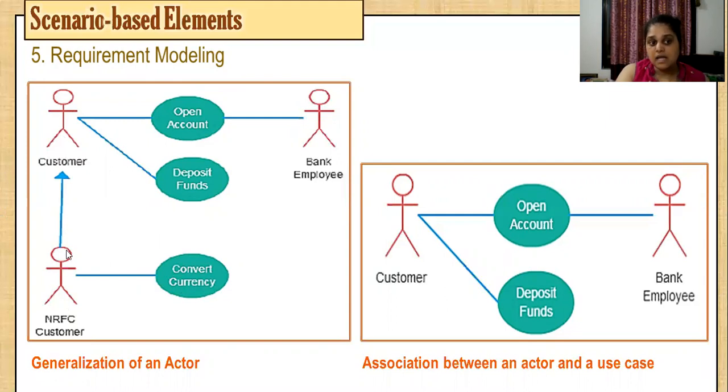It has a subclass NRFC customer, and NRFC customer can open an account, deposit funds, and also convert currency. A simple customer cannot convert currency, but an NRFC customer can.